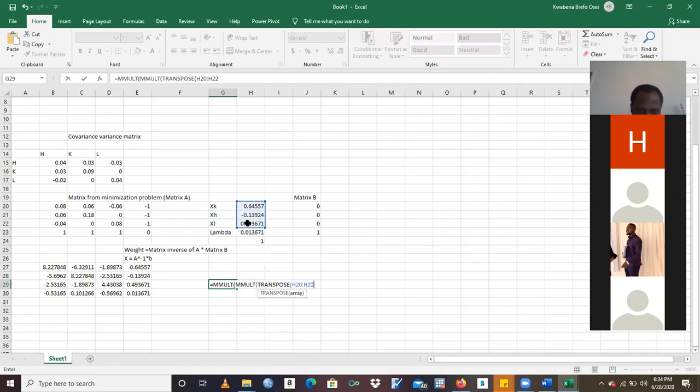And then this is a variance covariance matrix. I just want to be sure. If not, I will check again. Transpose of this and then multiply by this again.